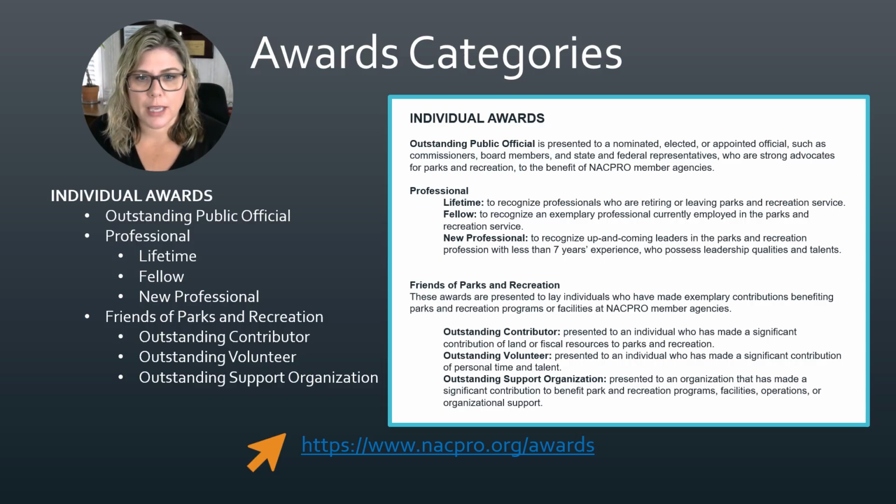And those categories include Outstanding Contributor, Outstanding Volunteer, and Outstanding Support Organization. When you visit the website and if you download the awards instructions, you will see a complete description on the qualifying factors for each of those awards. Please review those and determine which award is most appropriate for your nomination.